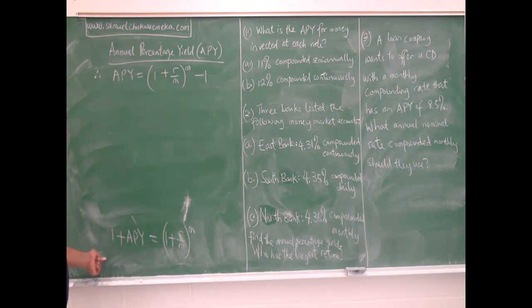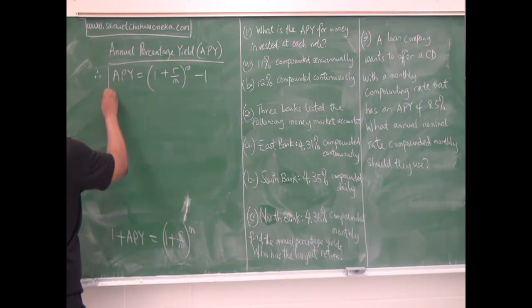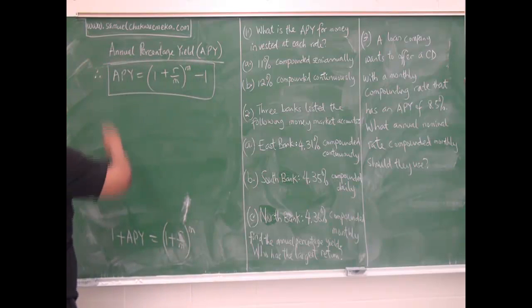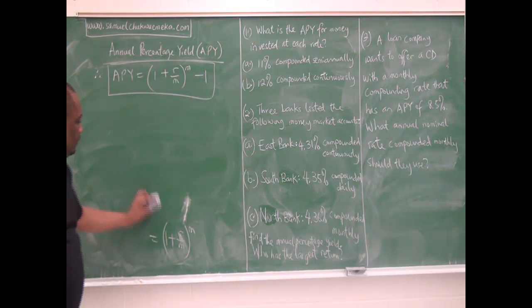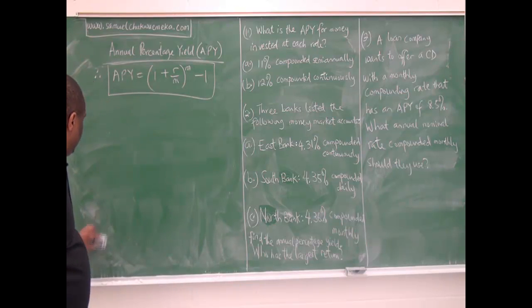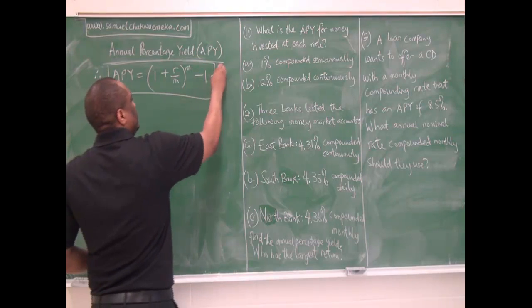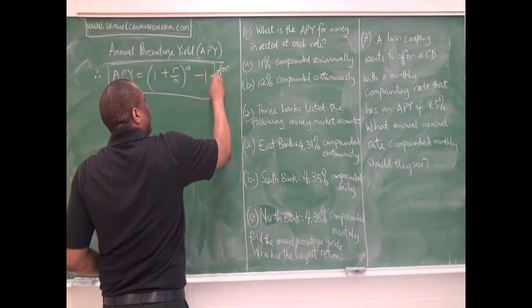Because you're adding, subtract 1 from both sides. Okay? Or move this one over here. So this is our formula for APY for compound interest.